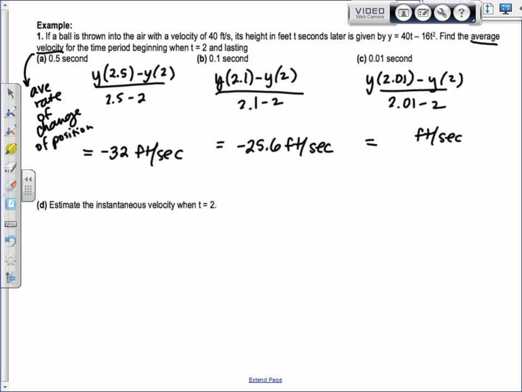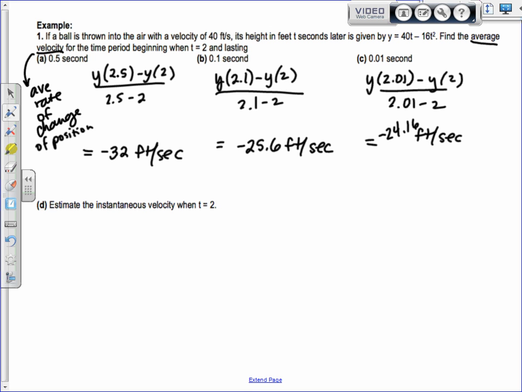I think it should be close to negative 16. Is it close to negative? Negative 24.16. Did you guys get that? All right, I think they should all be negative.